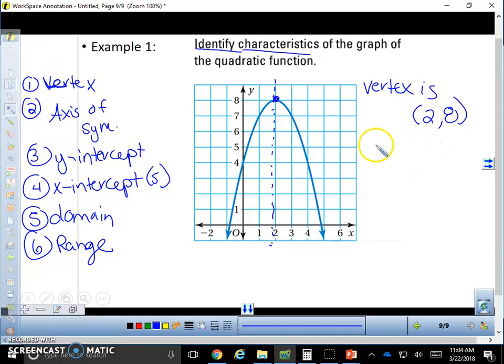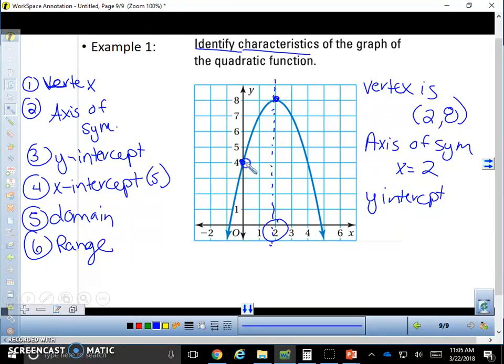The axis of symmetry is x equals 2. This line right here where x is 2. Third, the y-intercept is right here at (0, 4).